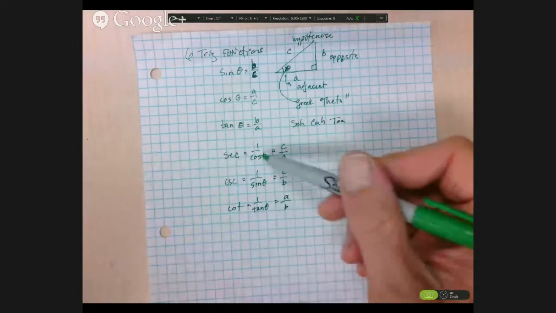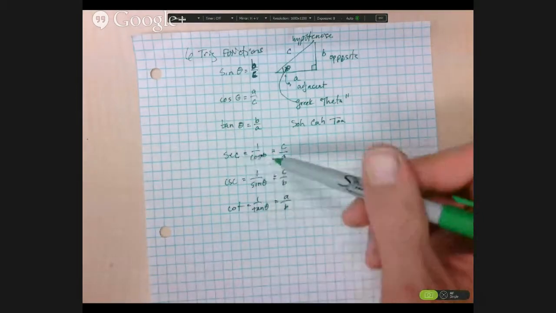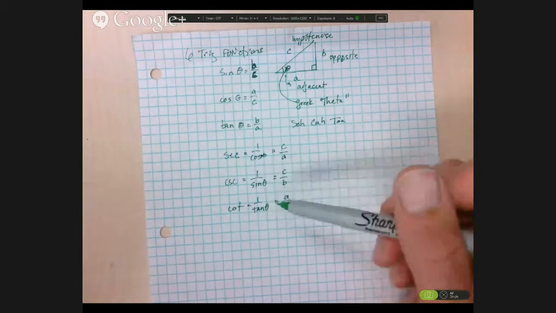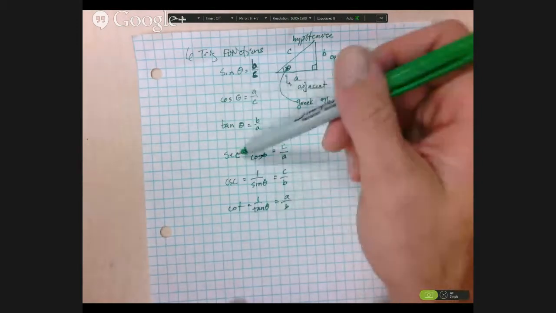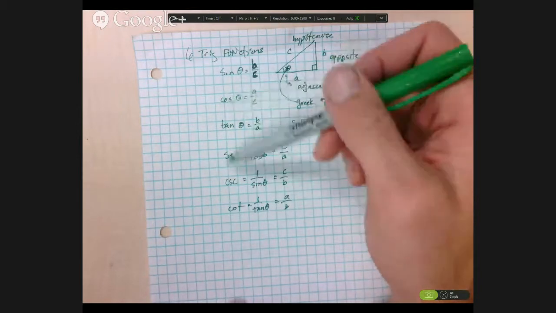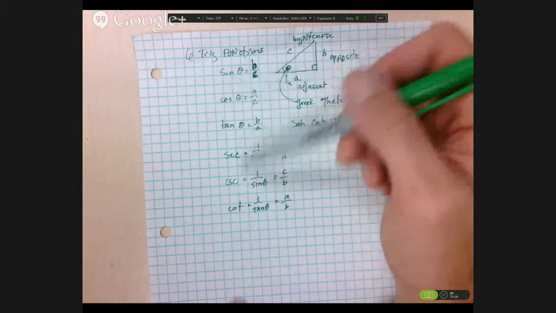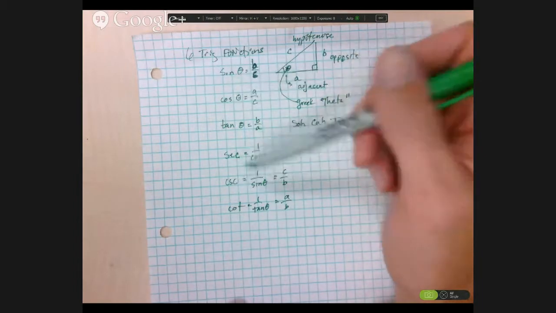You're going to have to use this in your calculators because there's no function for these, so just use 1 over sine, 1 over cosine. Be aware, secant and cosine go together. Your tendency might be to go cosine and cosecant, but they don't. Sine goes with cosecant, cosine with secant.